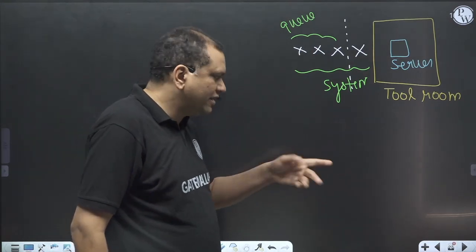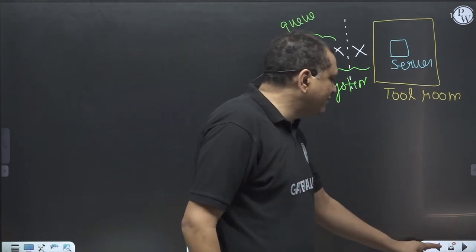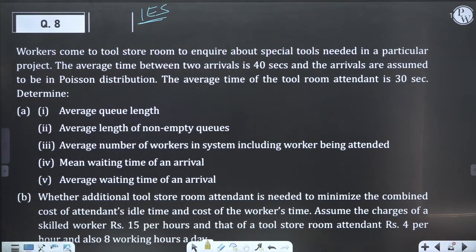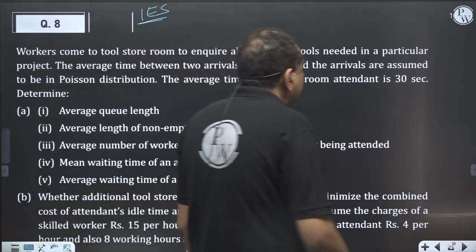Okay. So the data we will keep on writing here. Workers come to the tool room to inquire about special tools needed in a particular project. The average time between the two arrivals is 40 seconds.